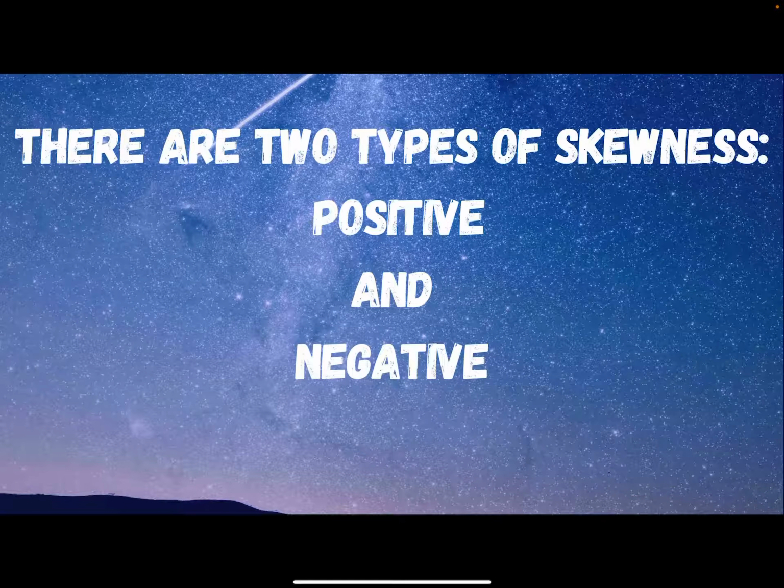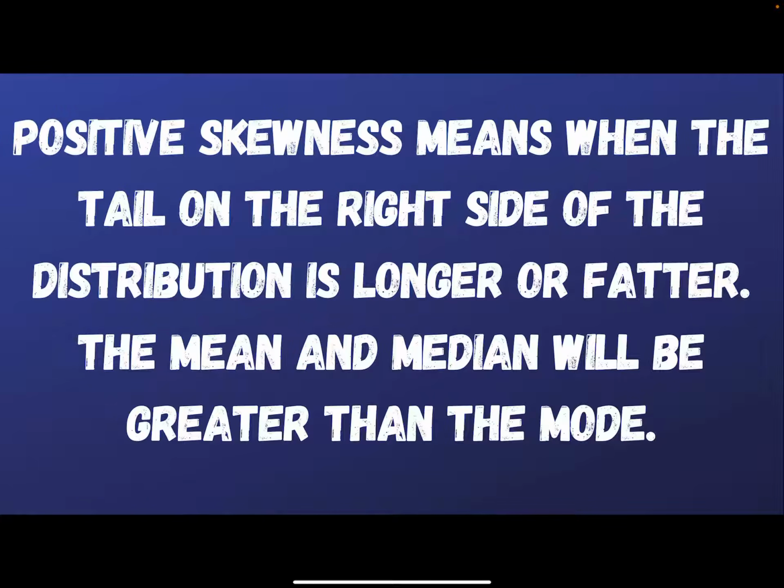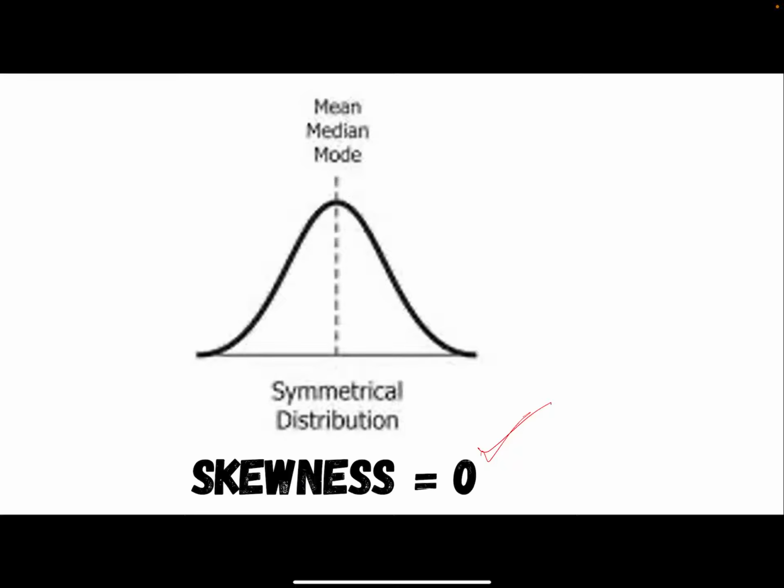How many types of skewness are there? There are two types of skewness. One is positive and another is negative skewness. What does positive skewness mean? It means that when the tail on the right side of the distribution is longer or fatter, then the mean and median will be greater than the mode. If we see the normal distribution, the mean, median and mode coincide.